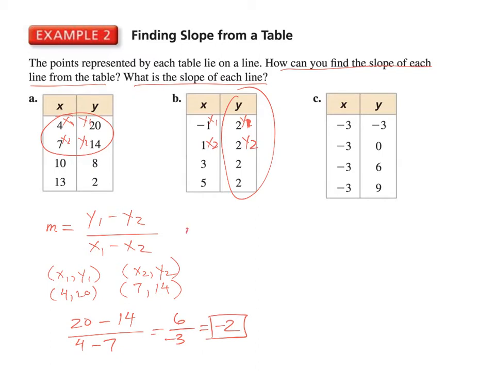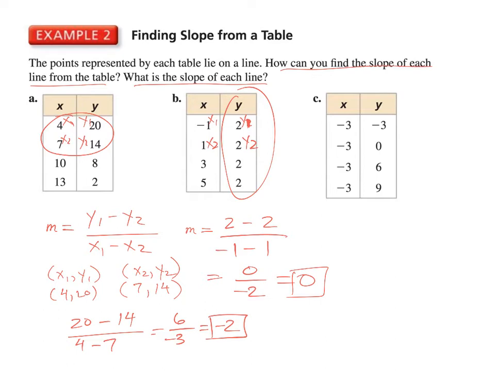Let's apply the formula once again. y1 is 2, minus y2, which is 2, over x1, which is -1, minus x2, which is 1. So I get 0 over -2. 0 divided by anything besides 0 is 0. So that's the slope of the line based on table B.